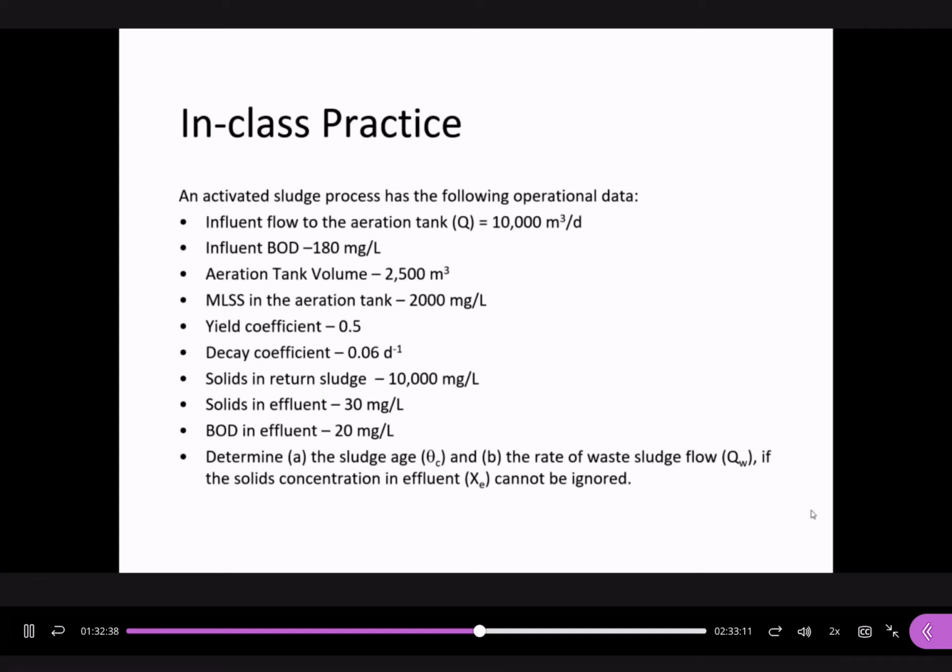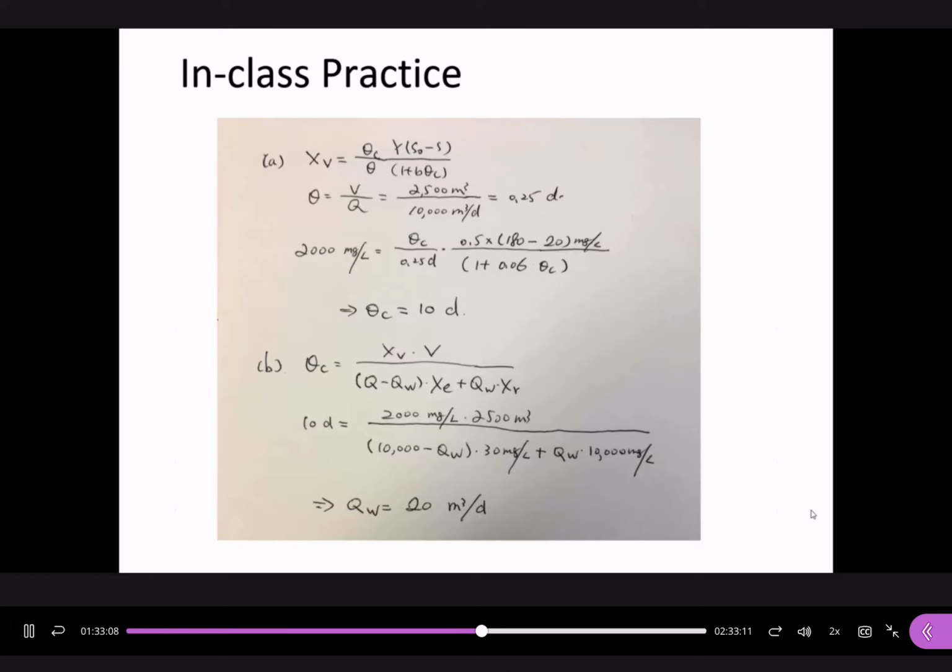One is easy, right? No? Do you want more time or just look at solutions? Right. For the first, I notice many of you have reached the first step. From XV, you can solve theta. Oh, sorry, you can solve theta C. We can calculate theta. Right?